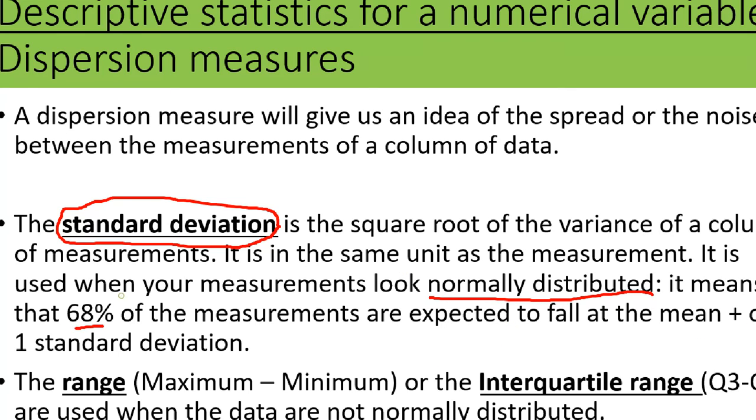The range, or the interquartile range, is more used when you have data that are not normally distributed, that are skewed, like the salaries, okay?